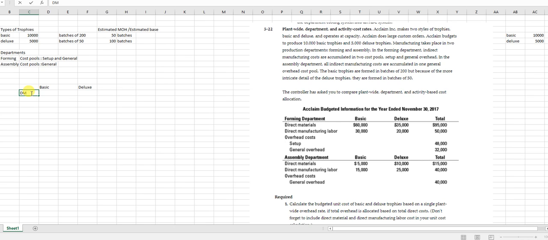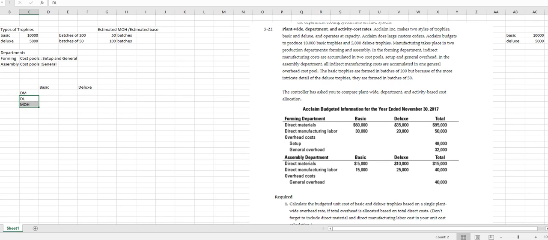You're going to have direct material, direct labor, and manufacturing overhead. In this case, these things are actually moving through two departments. So they're going to accumulate direct materials, direct labor, and overhead. In fact, two overheads in the forming department, and then they're going to move through the assembly department and incur one overhead.